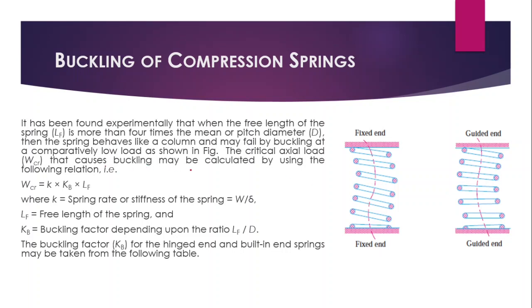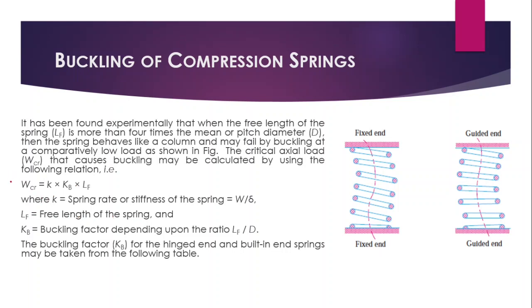The critical load for buckling may be calculated using the following relation. WCR is equal to K into KB into LF, where K is the spring rate or stiffness, W by delta, KB is the buckling factor and LF is the free length of the spring.